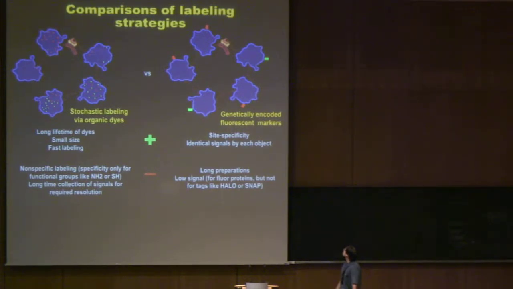So we thought, should we change the labeling strategy? Organic dyes are good, but they have disadvantages like non-specificity, needing a long time to collect the required signals for super resolution localizations.